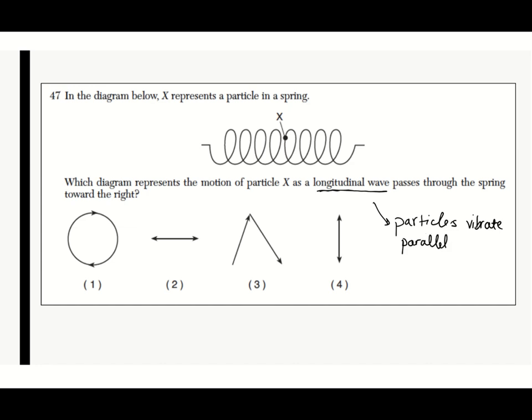If the wave is moving to the right, the particles are going to vibrate side to side, left and right, because it's parallel. And that's choice 2. If you were stuck between choice 2 and 4, this here is transverse, that's perpendicular. Those you see more often with sine curve-like waves.